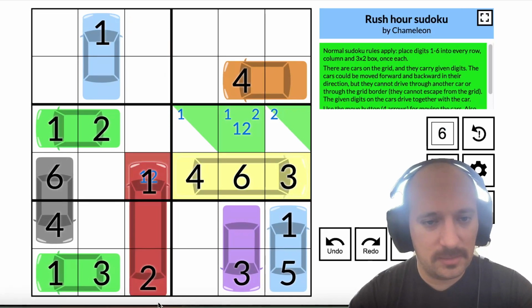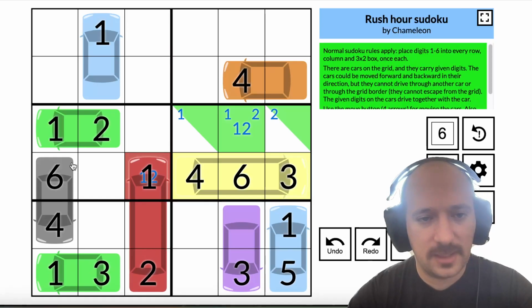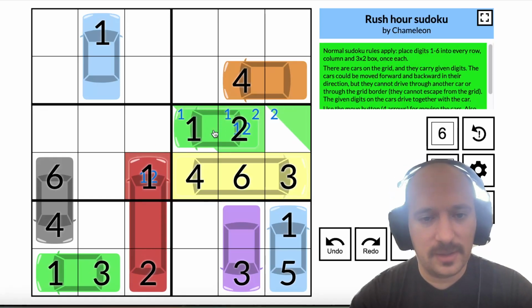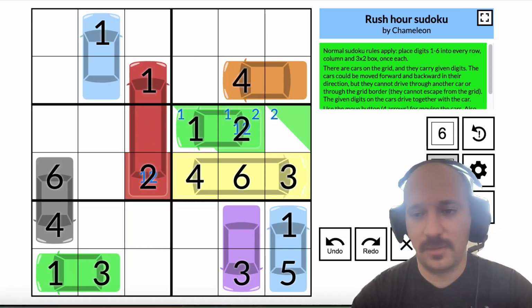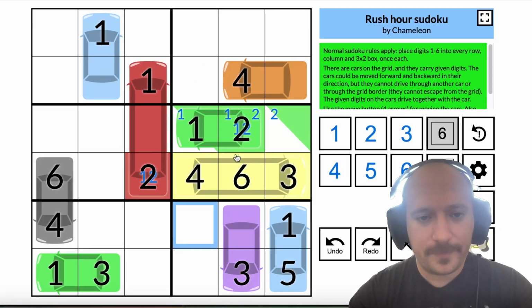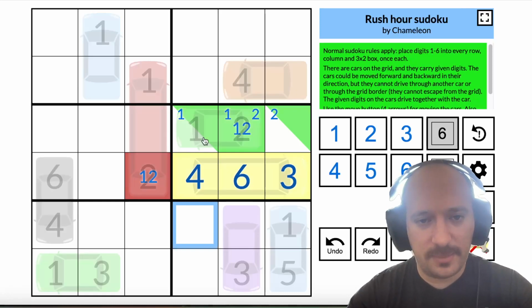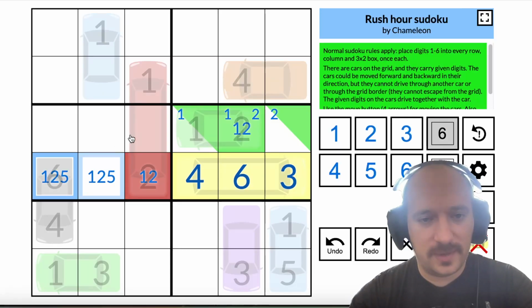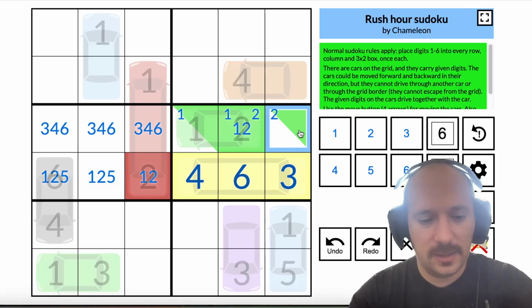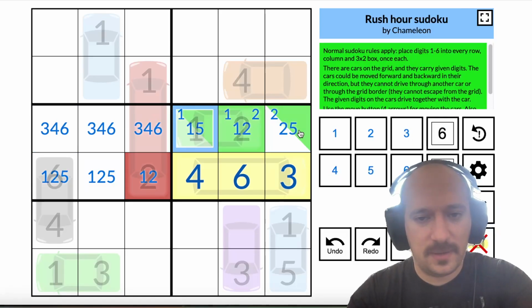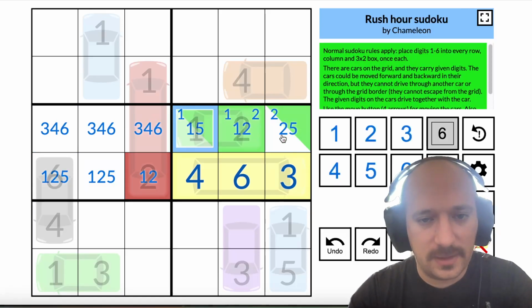So we have something like that, right? And we have the green car somewhere like that. We don't know about the other things. So let's use the hybrid approach. So we know that that's 1, 2, 5. That's 3, 4, 6, 2, 5, 1, 5 if I did everything correctly.